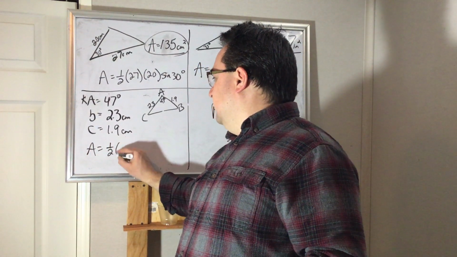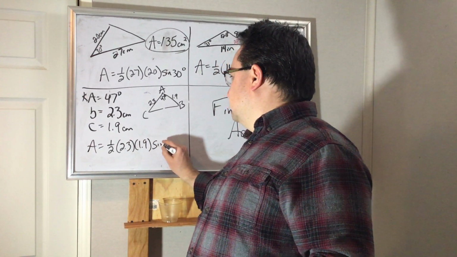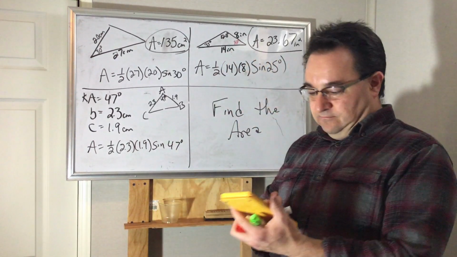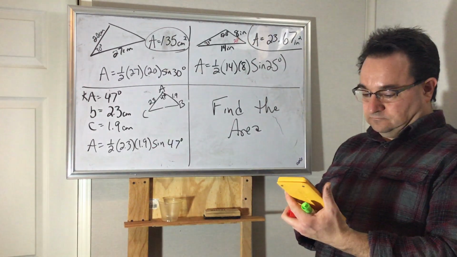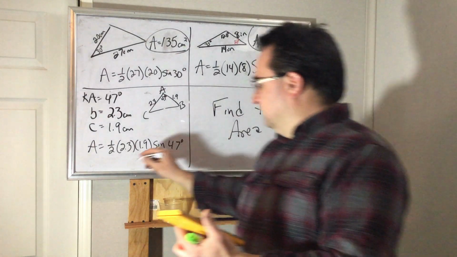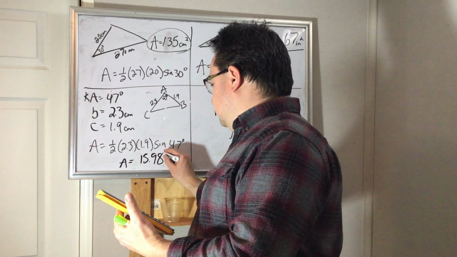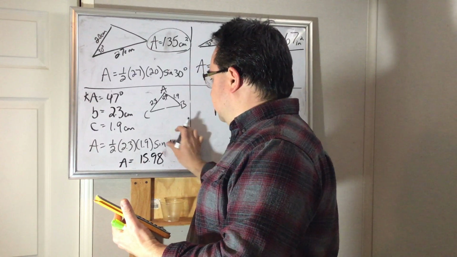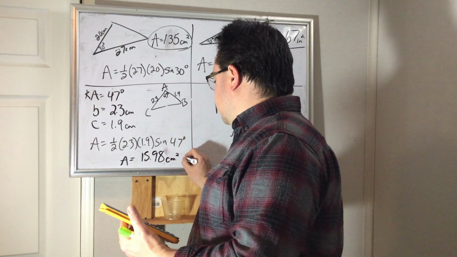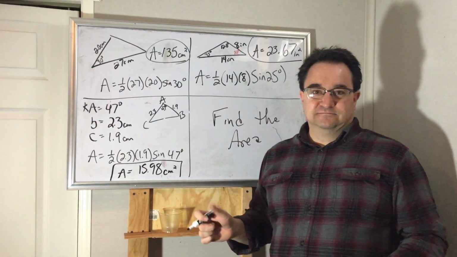So the area is going to be 1/2 times the product of any two sides times the sine of the angle in between. So for this one, I get area is 1.98, not degrees, centimeters squared. All right, short and sweet for that one. Have a good one.